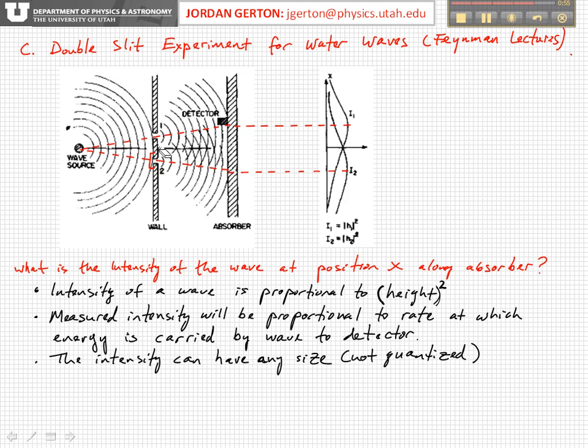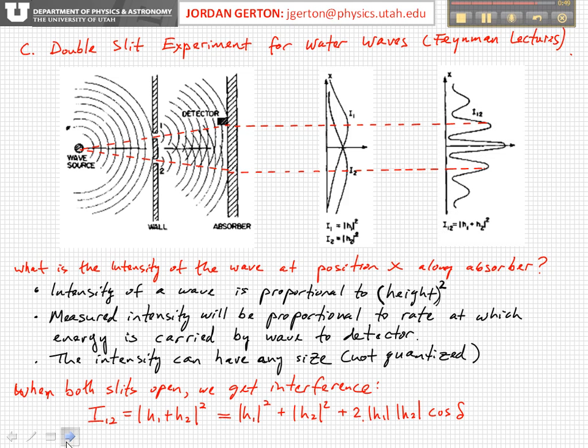But what we see now is that when both slits are open, we get something very different than we got before for bullets. Now we see interference.